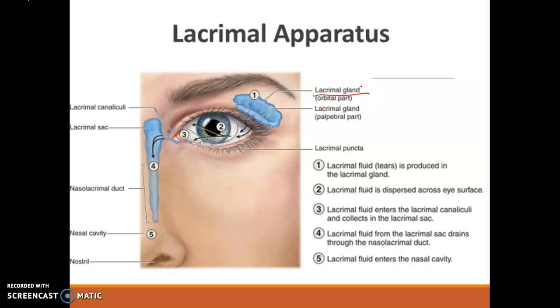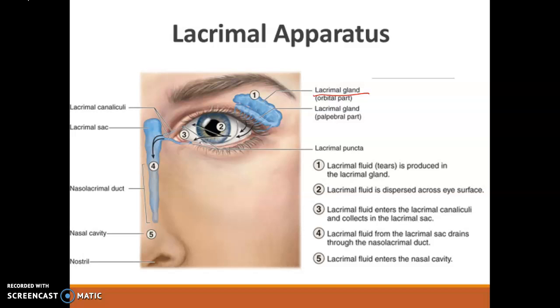The lacrimal gland produces tears, and the tears come down from the lacrimal gland and get dispersed across the surface of the eye. If you follow the black arrows, you should be able to see which way the tears come out and disperse over the surface of the eye.